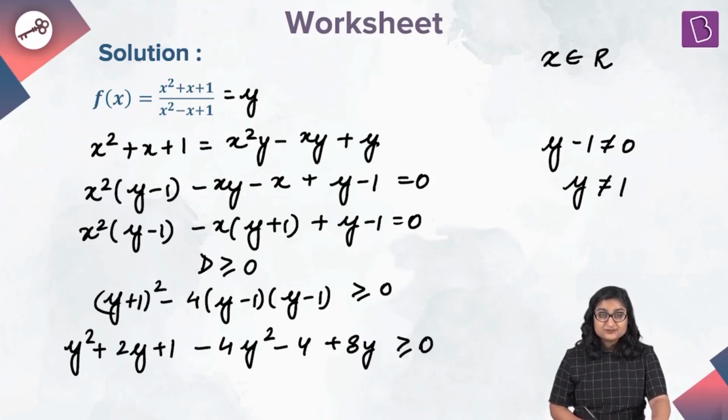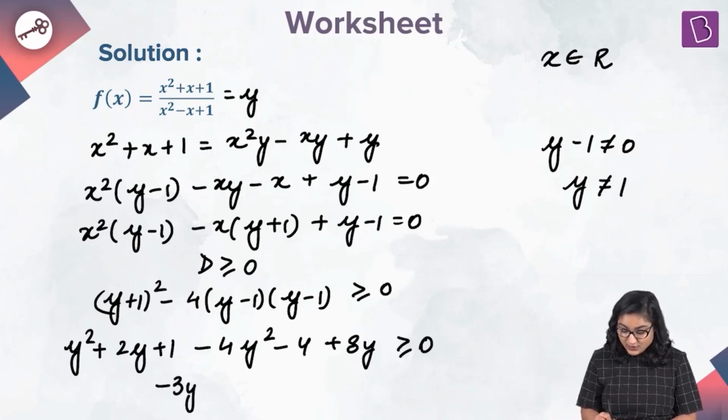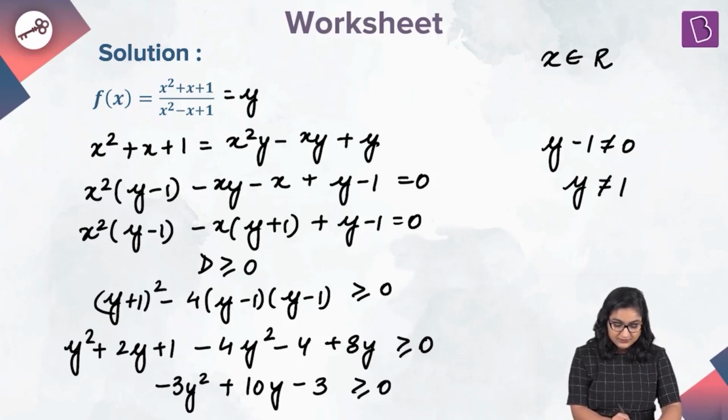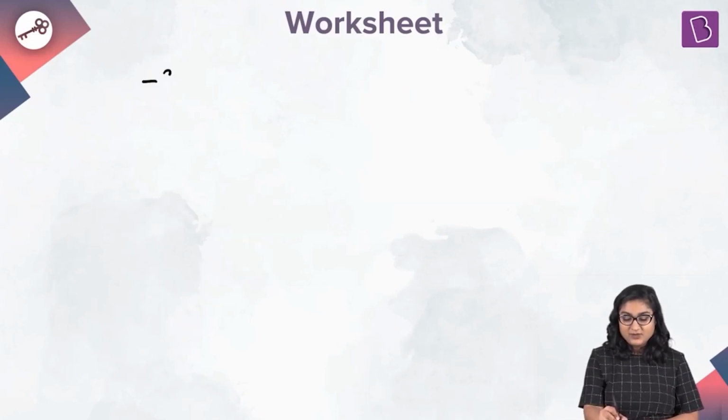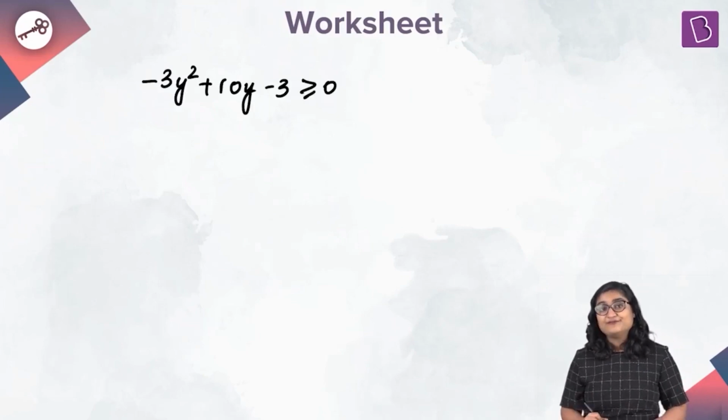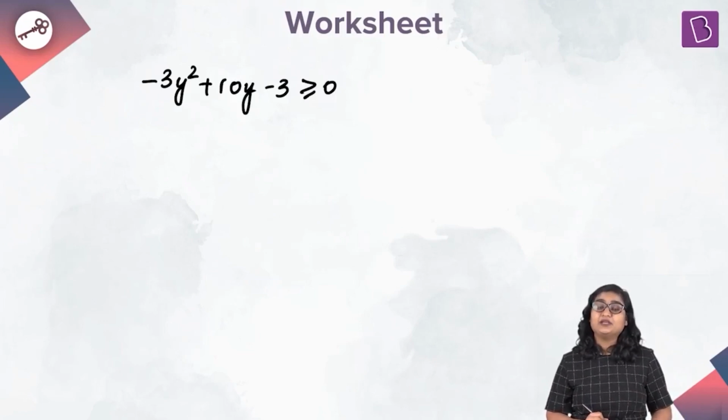If I simplify it further, I get negative 3y square plus 10y minus 3, and this whole thing is greater than or equal to 0. So we have an inequality, minus 3y square plus 10y minus 3 greater than or equal to 0. If I multiply this complete inequality with minus 1, we will have to reverse the inequality sign.